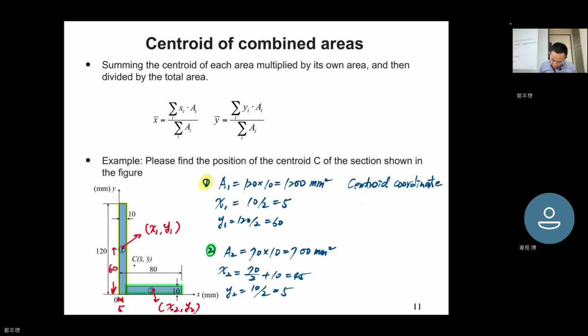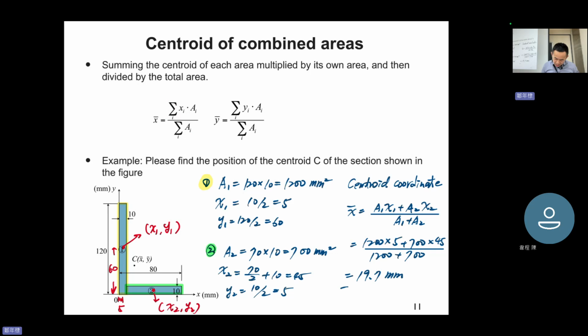Okay, x bar equals (A1 x1 plus A2 x2) divided by (A1 plus A2), which equals (100 times 20 times 5 plus 700 times 45) divided by (120 plus 700), so 19.7 millimeter.